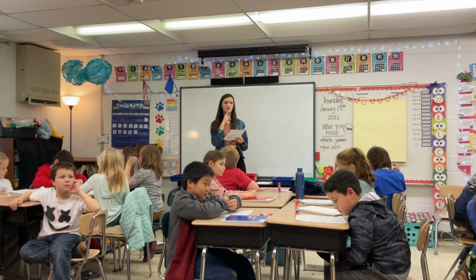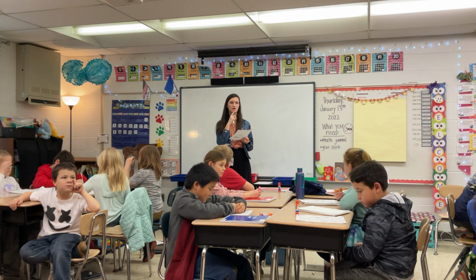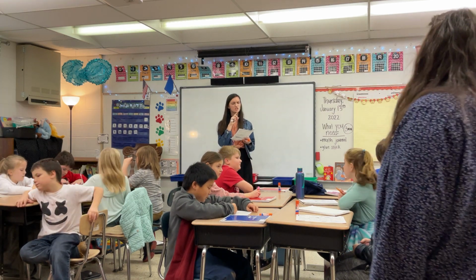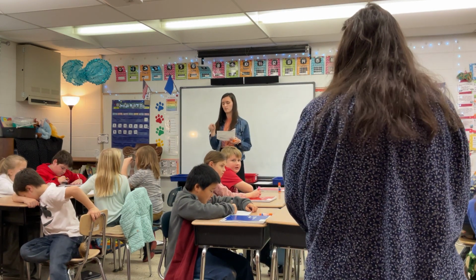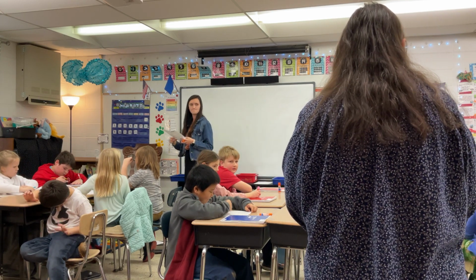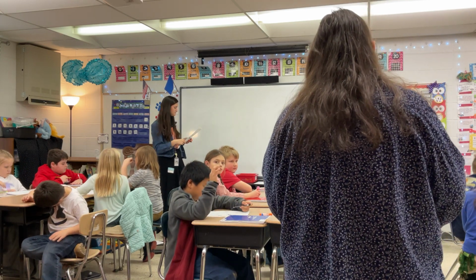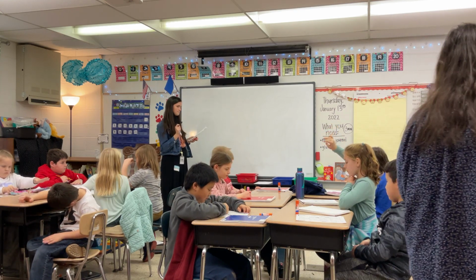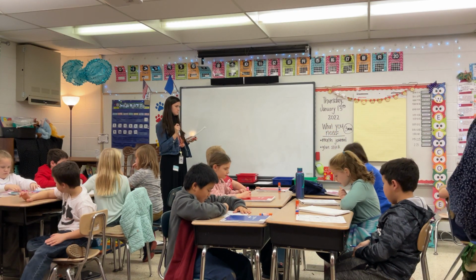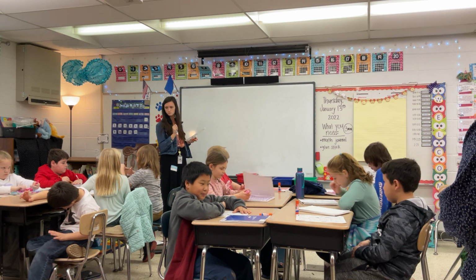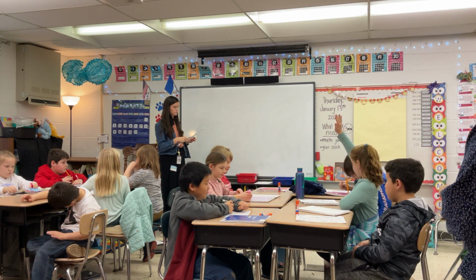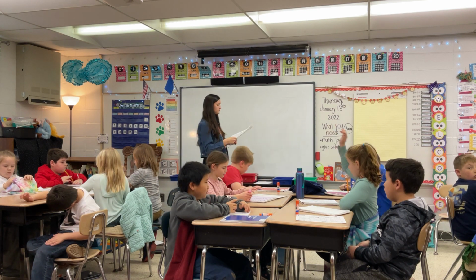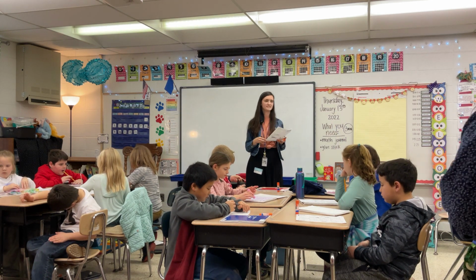What operation goes with the word and, Jacob? Addition. So what 2 numbers in that problem are we going to add? I'm confused. Okay, let's read it again. Mandy made 27 pizzas.